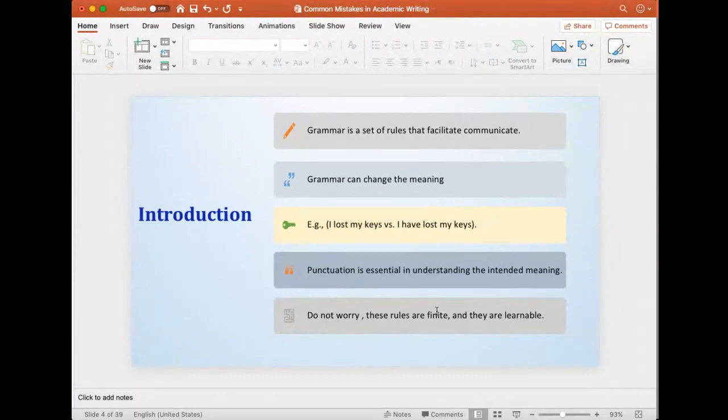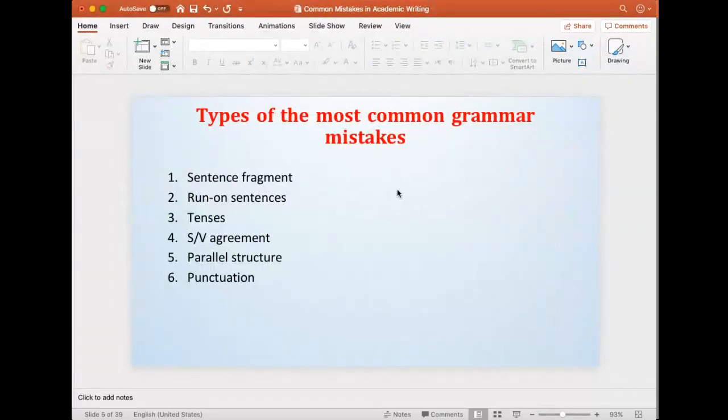All of these rules are finite, and they can be learned. It's easy to learn them, but they need more practice. These are some of the most common grammar mistakes that I have mostly seen my students committing during their essay writing, during their exams.